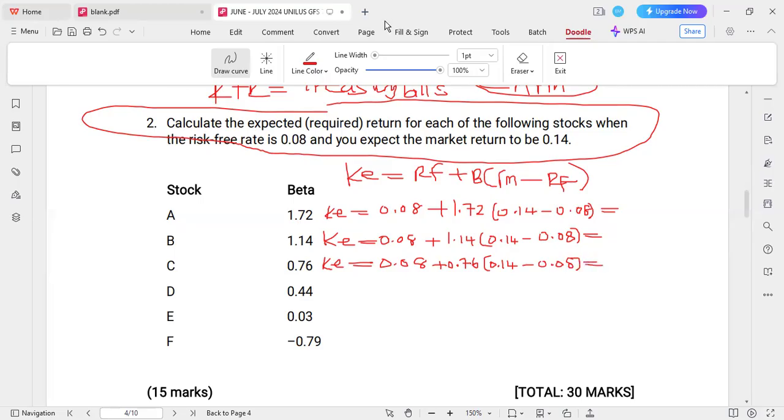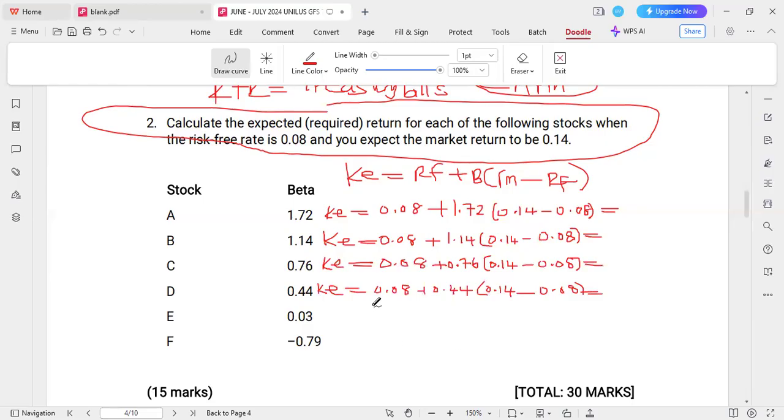Then getting down to the other one, we have our KE equal to 0.08 plus 0.44 on 0.14 minus the 0.08.